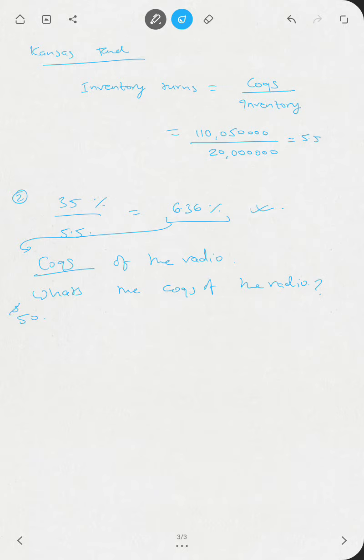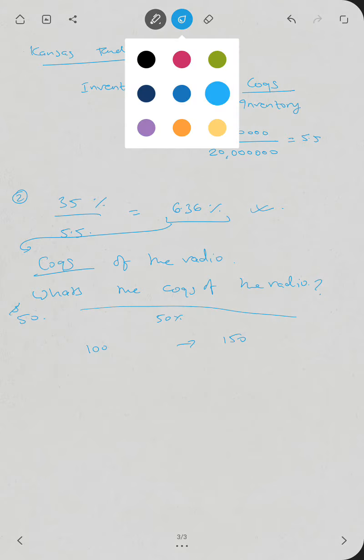Obviously that's not the COGS. If that were the case, we would be losing money. But now we have to find the COGS of the radio. Well, suppose you bought something for $100, right? You sold that for $150. That means you have a margin of 50%, right?